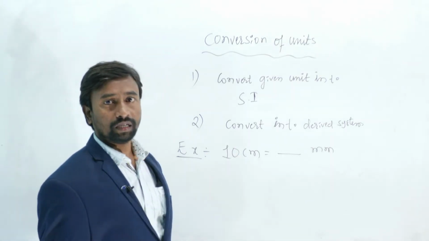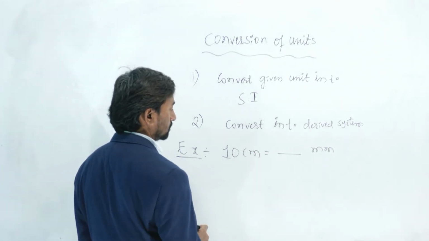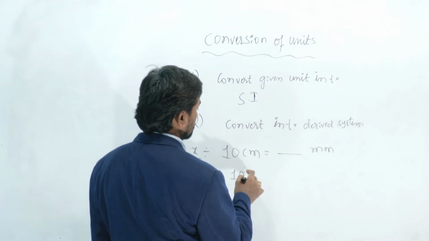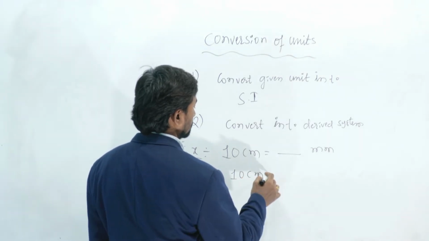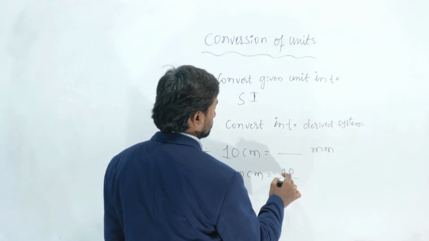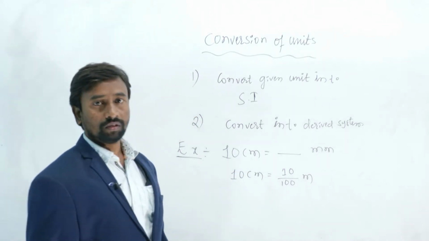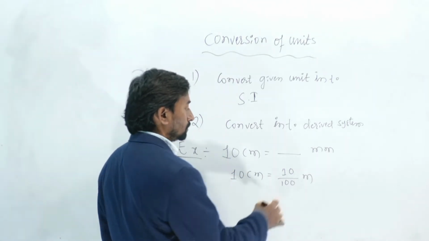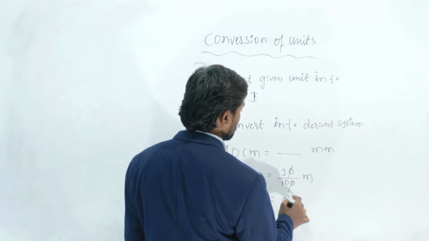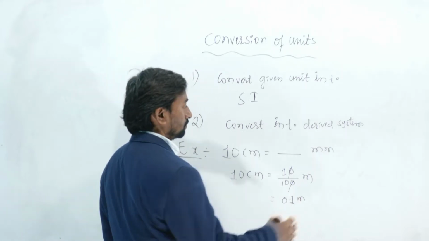This centimeters is in the CGS system, so we convert it into meters. So 10 centimeters is equal to 10 by 100 meters, which is the SI system. Now this and this will be cancelled, and here we will get 0.1 meters.